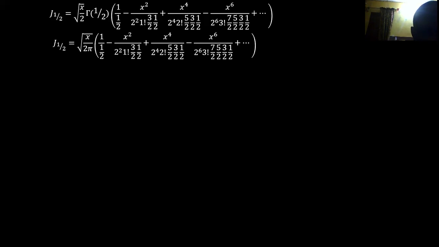Then if I substitute, the Bessel function of order 1/2 will now be equal to the square root of x divided by 2 pi, into the series.